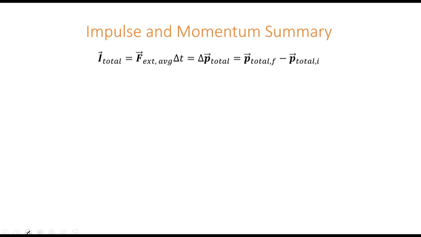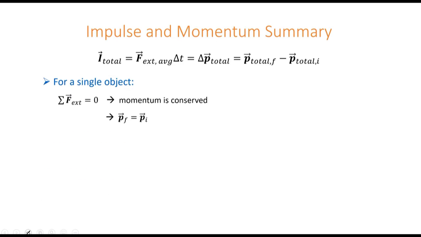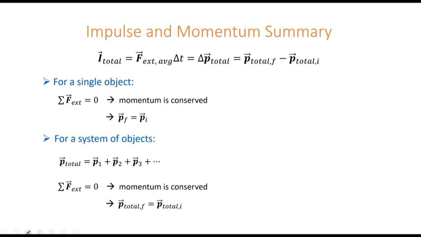All right, so just a quick summary then. We know these different definitions for impulse and change in momentum. If the sum of external forces acting on an object equals 0, we know that the momentum of that object will be constant. If you have a system of objects, remember we want to add together the total momentum of each object in the system that you defined.